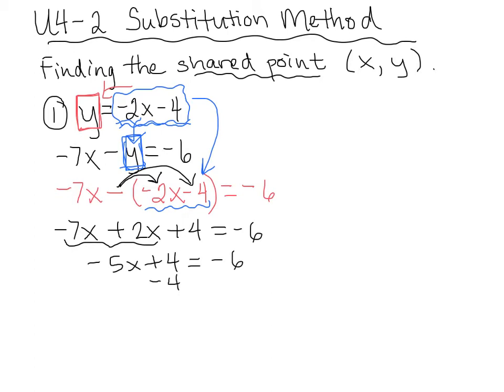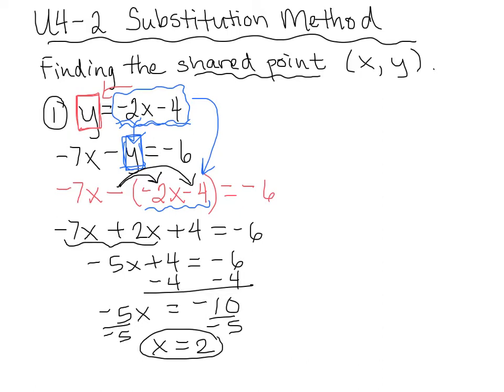Subtract that 4 from both sides, and I get negative 10. And finally we divide, and x equals positive 2. Okay, so we have solved for one of our two variables. I know that the x value is positive 2 for that point that these two equations share.